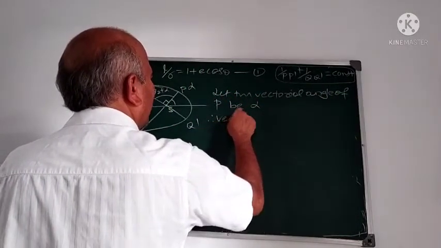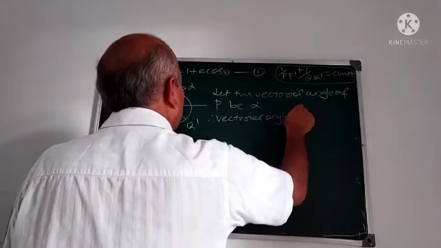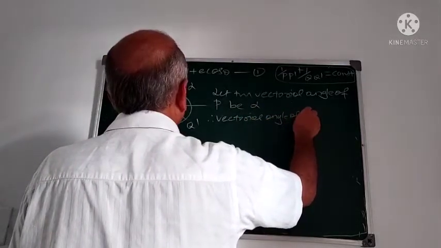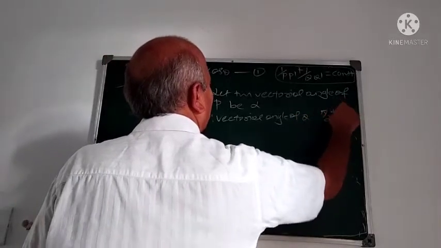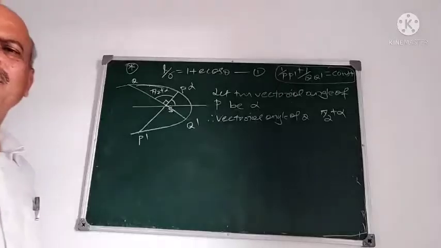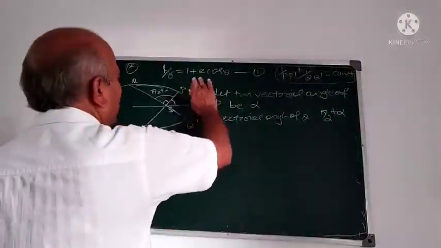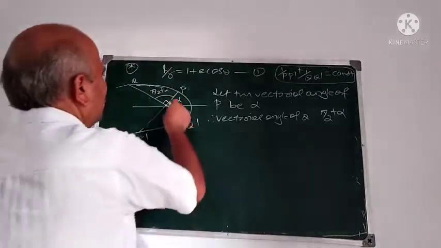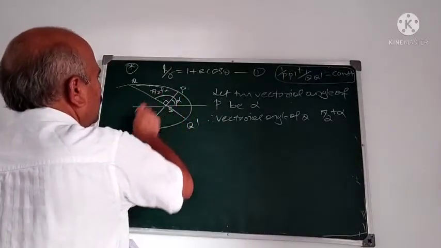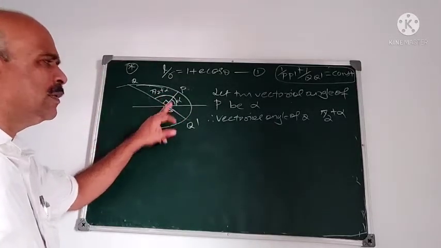Therefore, the vectorial angle of Q is pi by 2 plus alpha. You followed why it is pi by 2 plus alpha. In the beginning, we have taken the vectorial angle of P as alpha. That is important. Then, what is the vectorial angle of Q? It is alpha plus this angle. What is that? Pi by 2.